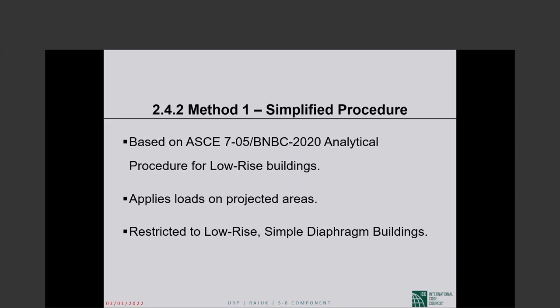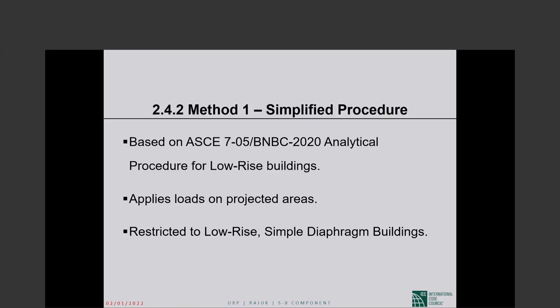So this method one, the so-called simplified procedure of BNBC, is based on the low-rise analytical procedure, as we call it. And that is also in ASCE 7 and BNBC. And you will see very distinct similarities between the two. It applies loads on projected areas as opposed to perpendicular to the roof. If it is a pitched roof, the loads are applied on projected areas.